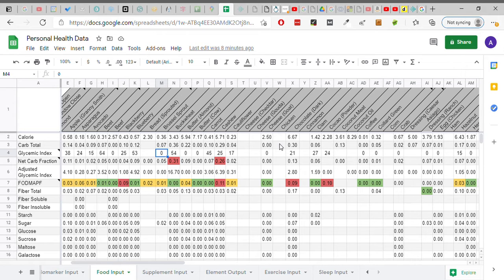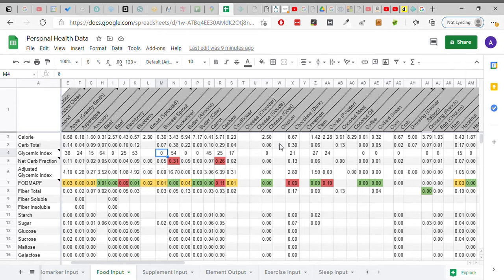So if we took 72 multiplied by the total amount of net carbs per serving of watermelon, which is about 11, and then divided that by 100, what we get is 7.92. So that would be the glycemic load for a watermelon, about 7.92.